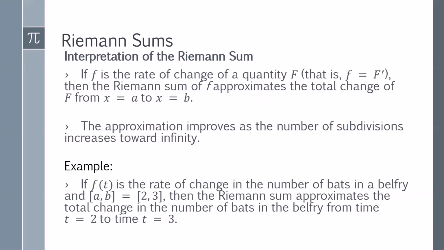Now, if f is the rate of change of a quantity, capital F, the antiderivative of f, then consider the Riemann sum of f. The Riemann sum of f approximates the total change of capital F from x equals a to x equals b.